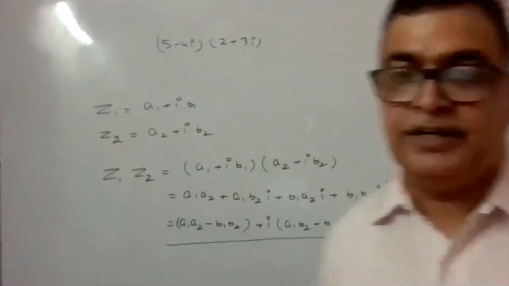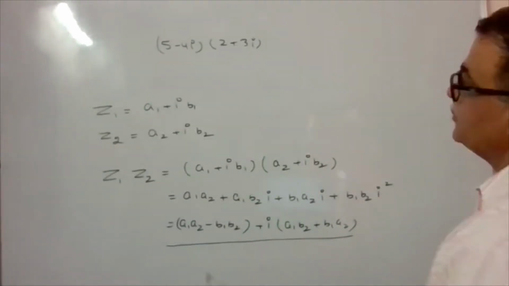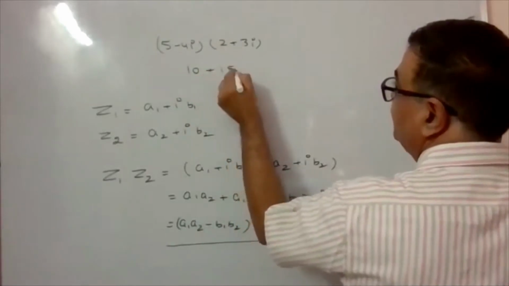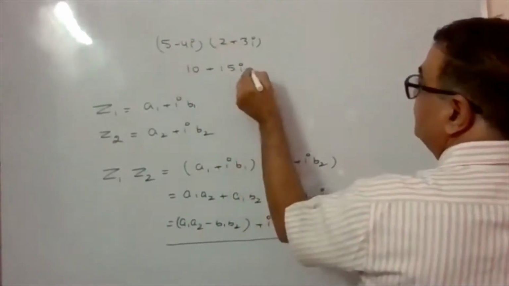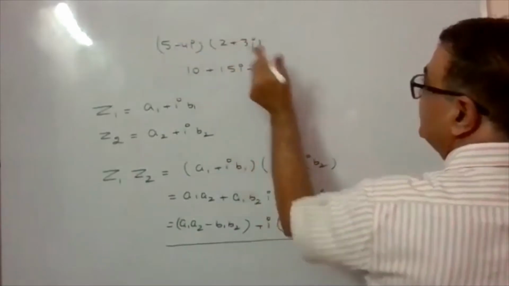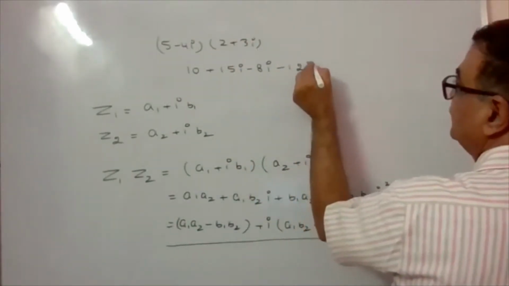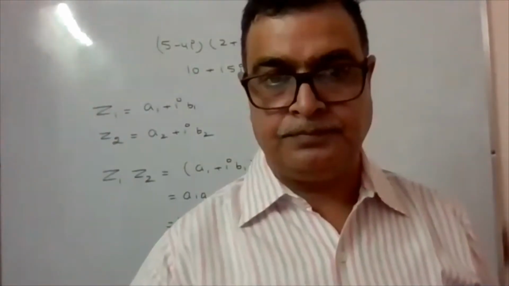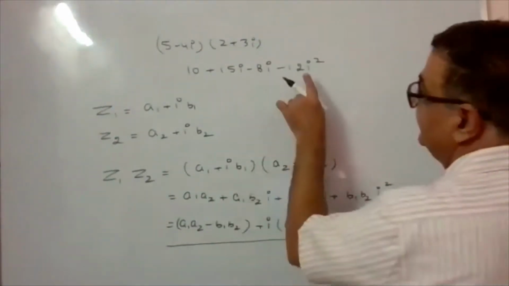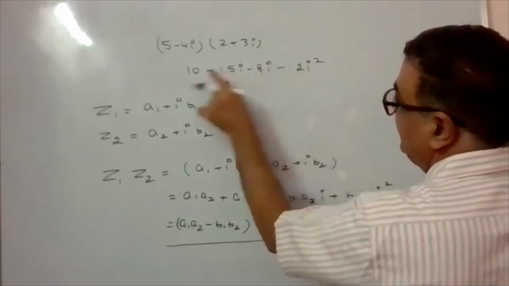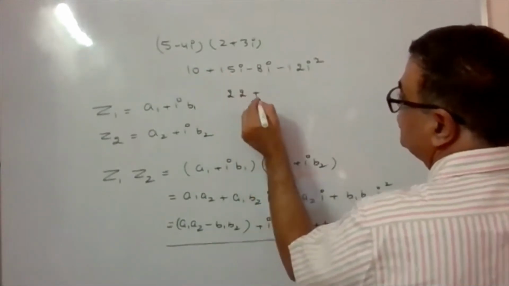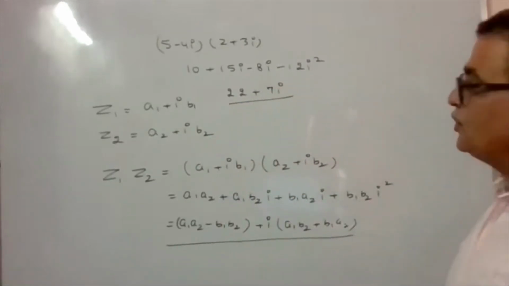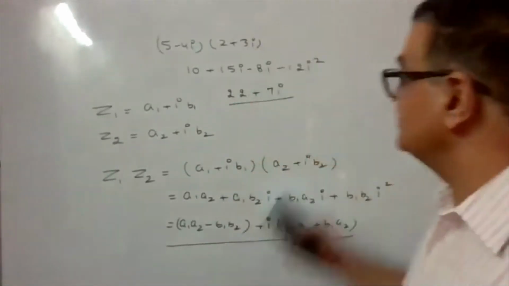Yes, what is the answer here? It will be 5 twos are 10, plus 15 iota, minus 8 iota, and then minus 12 iota square. Then it is minus 12, so it will become plus 12 now, so it will come out to be 22, plus 15 minus 8, it will be 7 iota. So 22 plus 7 iota is the answer.